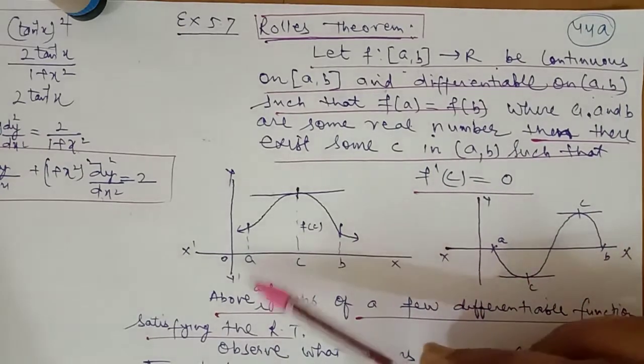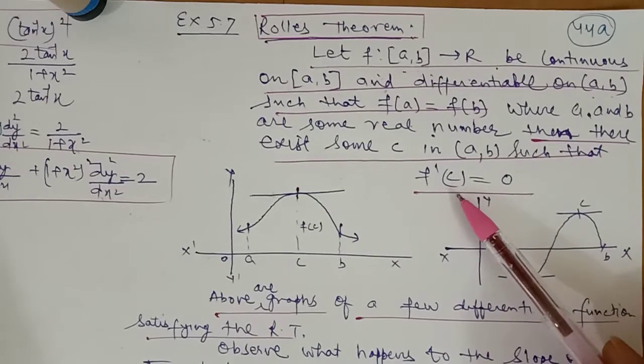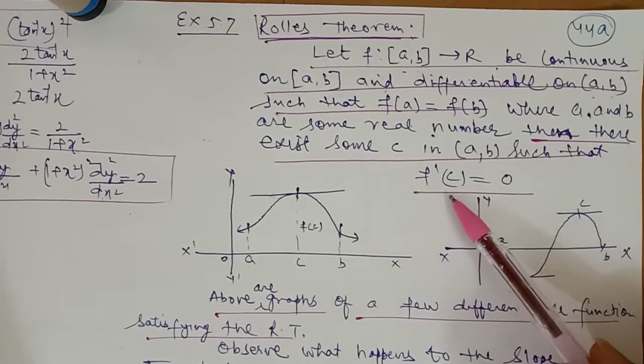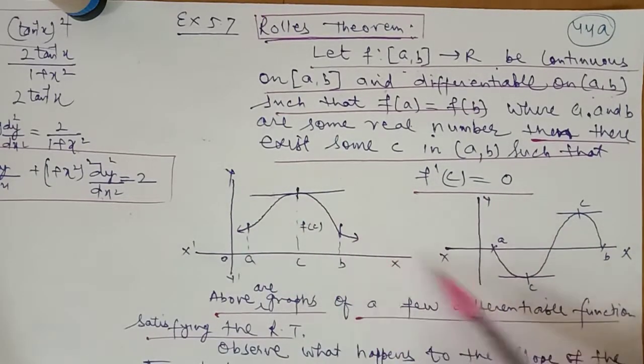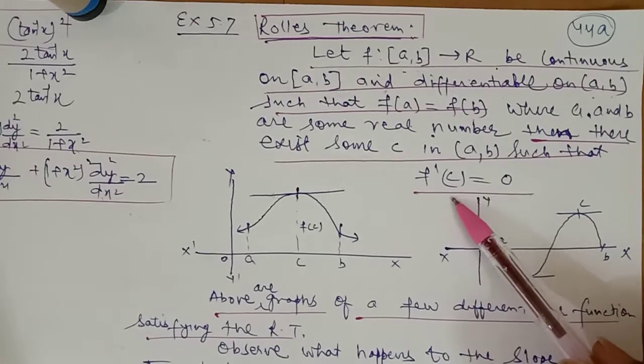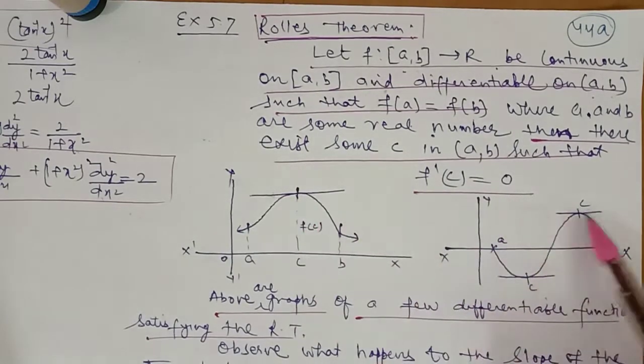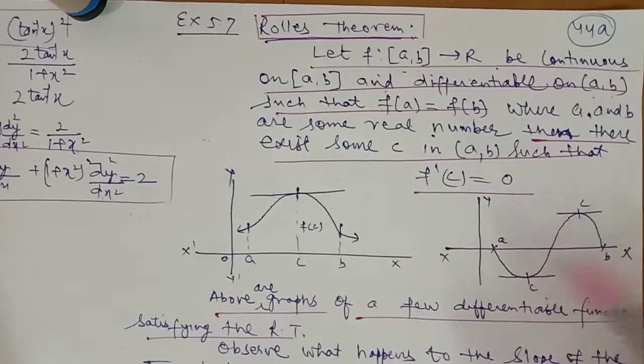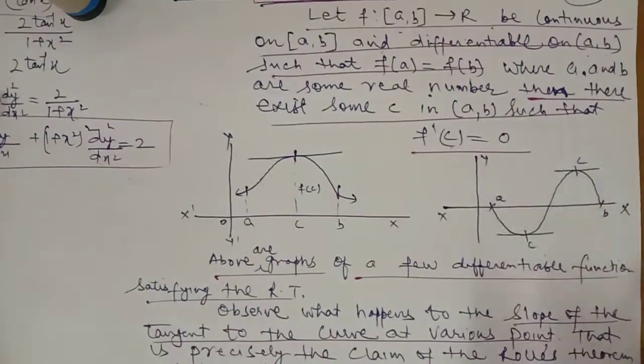Now we observe that if we put the first derivative equal to 0, then the first derivative denotes the slope of the tangent at the turning points of the graph. If we draw the tangent on these graphs at point c, then the tangent will be parallel to the x-axis.